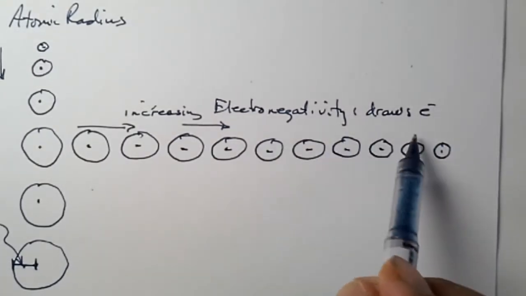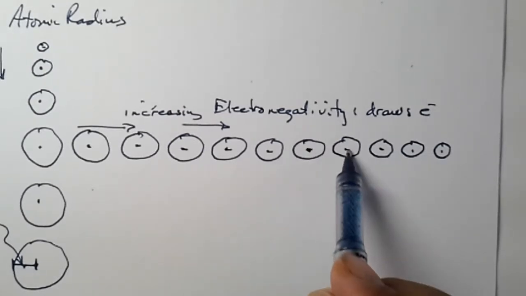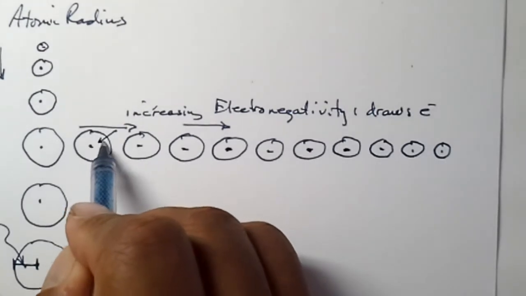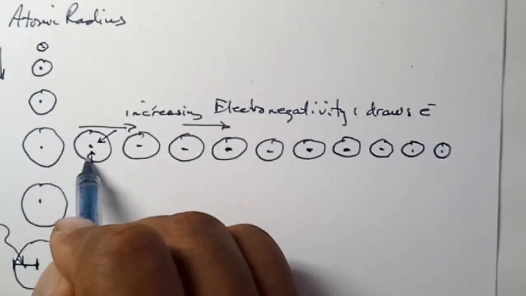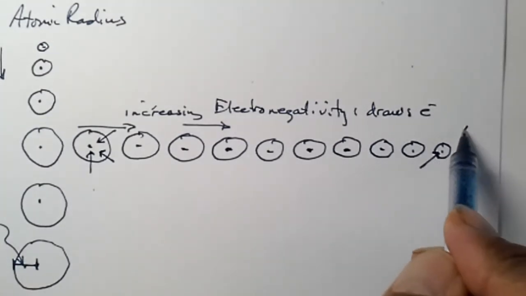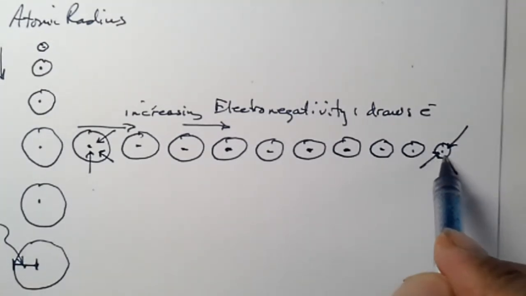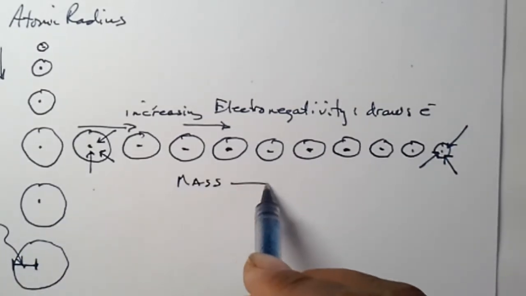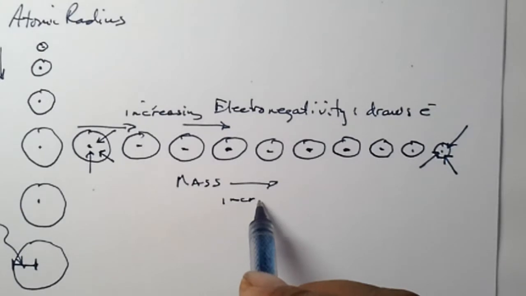By drawing electrons, you cause the electrons to move inward towards the nucleus, because the mass increases as you move across the table.